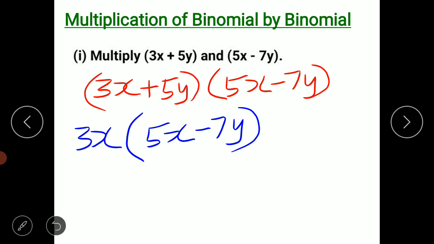So what is the first step? Take the first term of the first expression, multiply by the second expression, so 3x into 5x minus 7y.